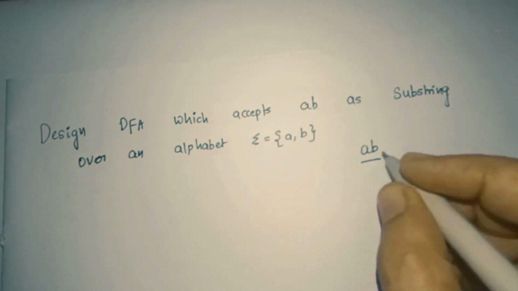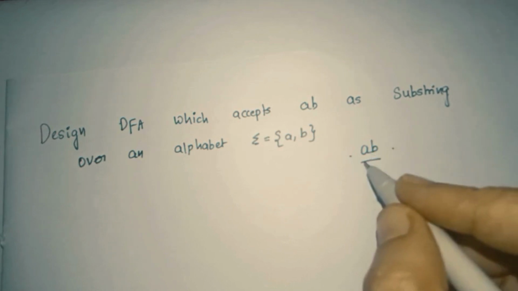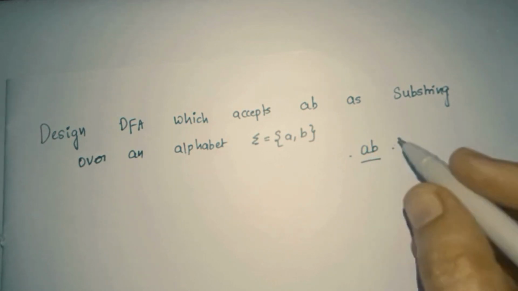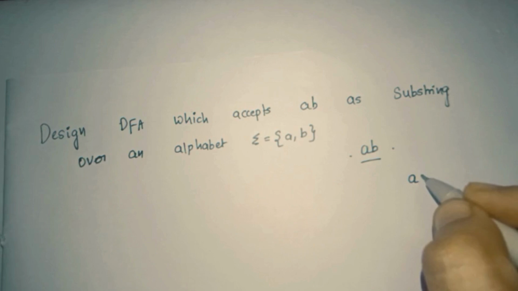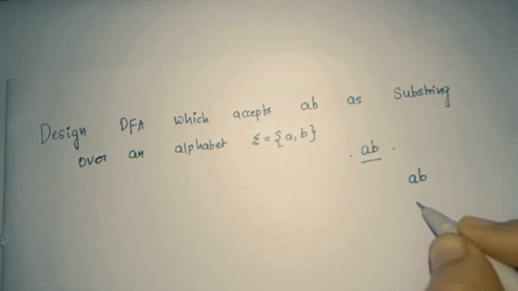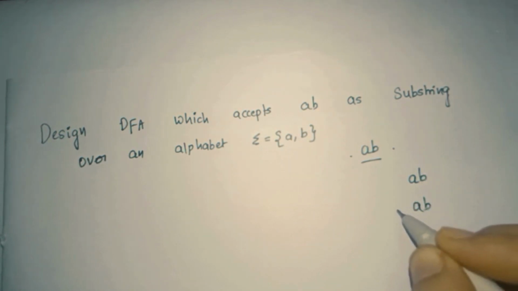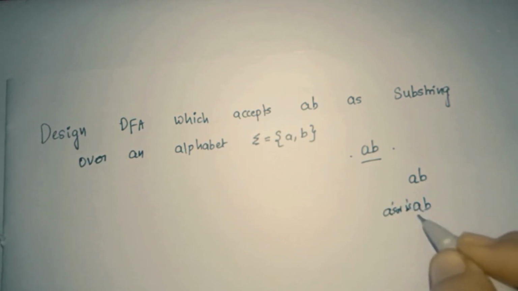Before AB and after AB it can have 0 symbols also, so the basic string we can get is AB. Then before AB we can have any number of A's or B's, and after AB also.